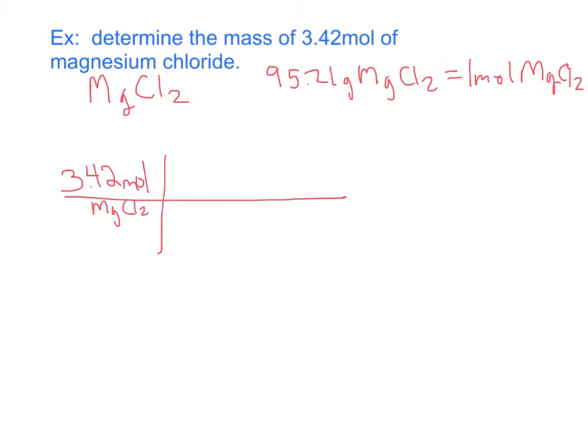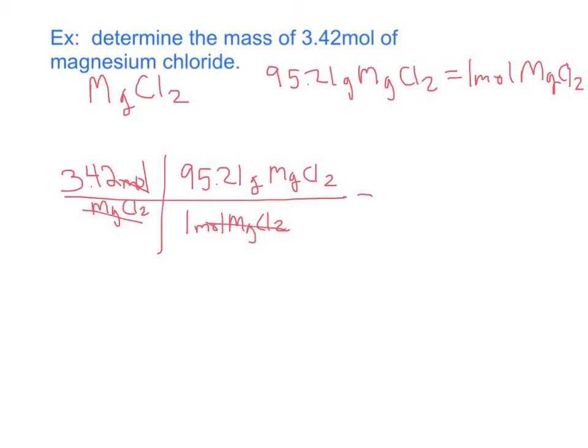And then at the bottom there, you have to have it so your moles cancel. So 1 mole on the bottom of MgCl2, and 95.21 grams MgCl2. The moles are going to divide out.